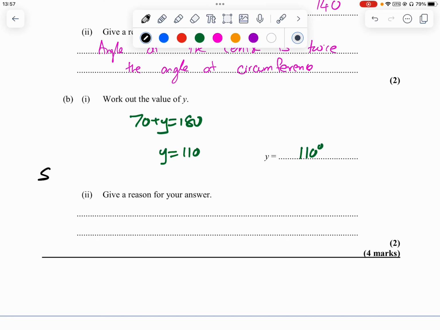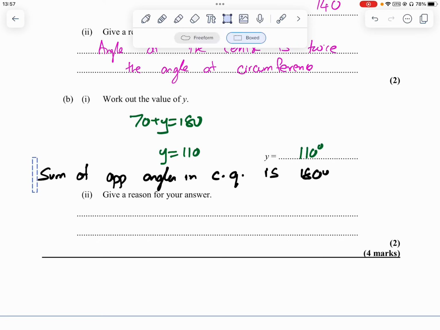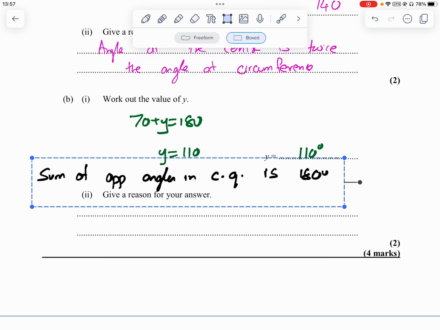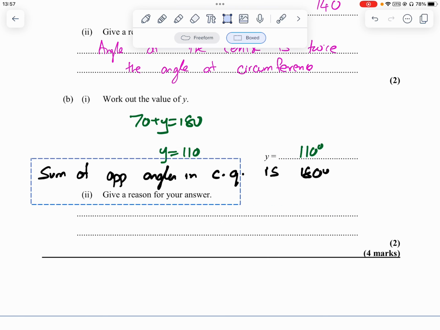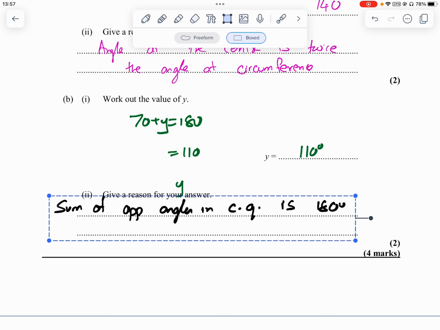The reason is sum of opposite angles in a cyclic quadrilateral is 180 degrees. That is the formula that we are going to use, or the reason.